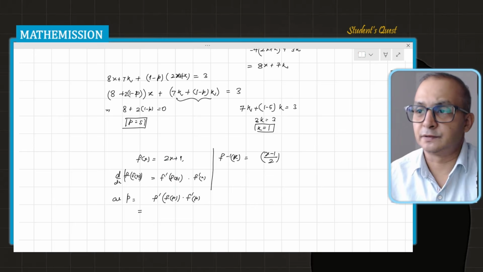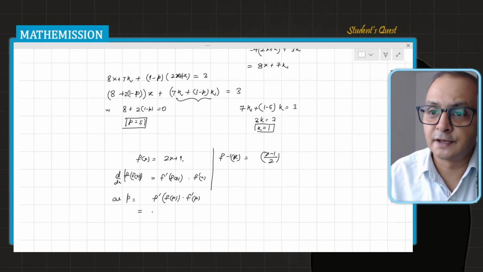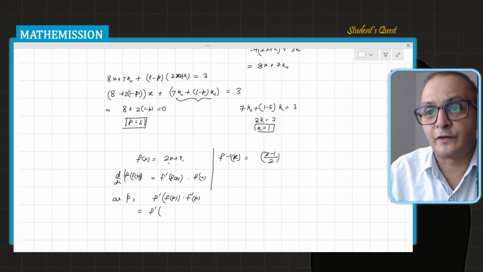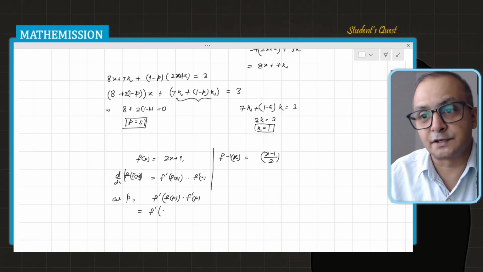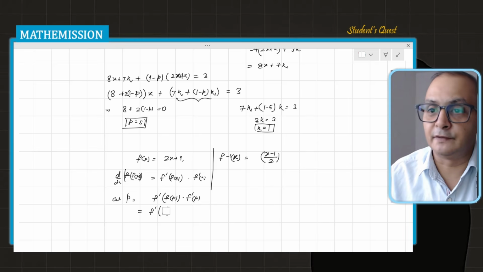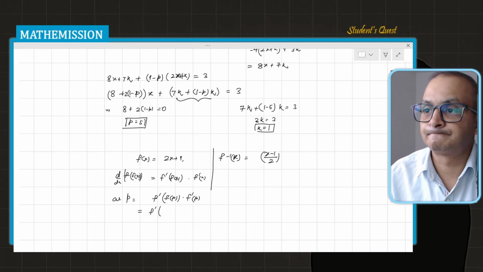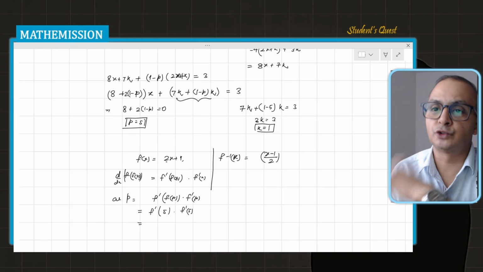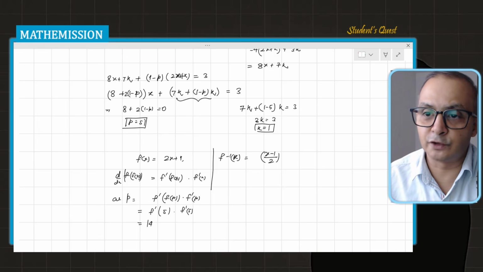So f dash of 5, I am just substituting 5 there. What is f dash? Again there is 2 only, and this is also 2, so that value is 4.